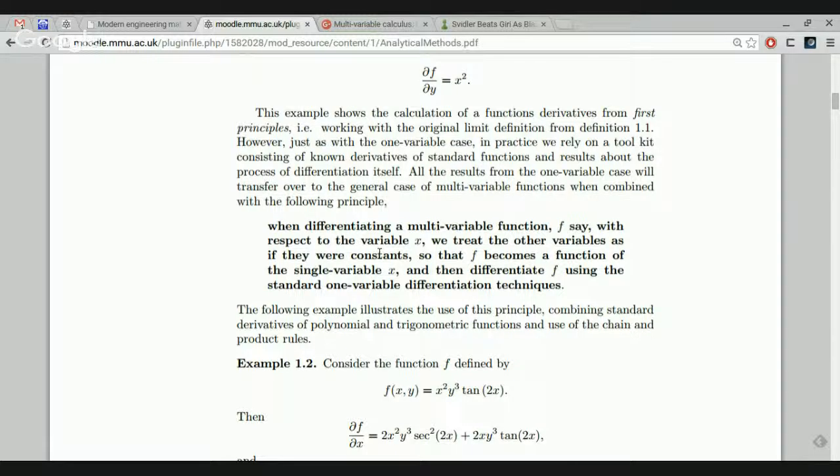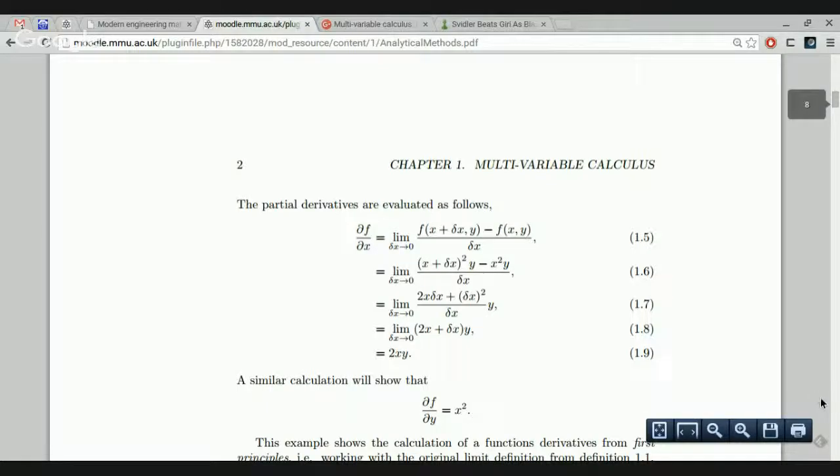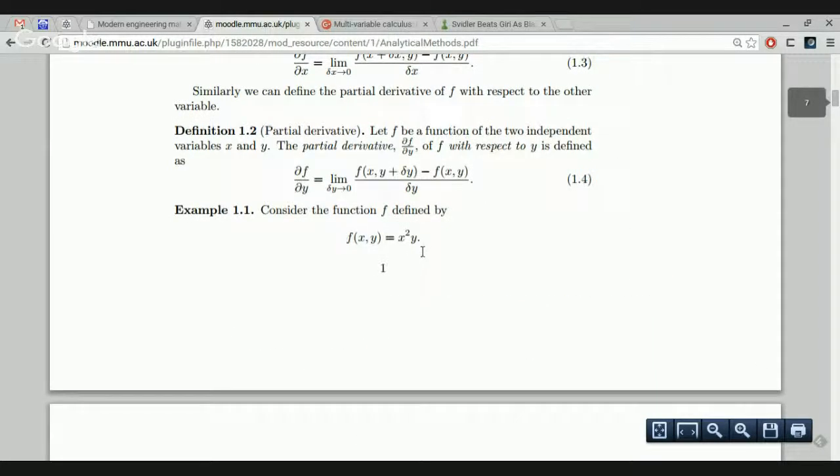Okay. So if you look back at what we just did, this f, which is x squared times y, if we follow that principle, we look at that formula x squared times y, we want the partial derivative with respect to x. So we consider the other variable y as just some fixed constant. So what we're looking at now is some fixed constant y times x squared. That's just a function of a single variable x. We know what its derivative is.